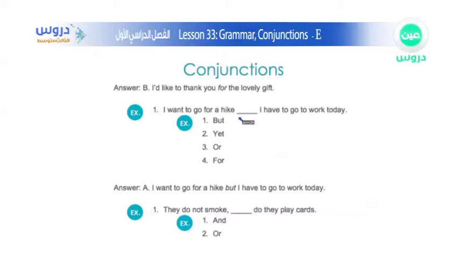He wants to, but he has to go to work today. Does it mean that he is going for a hike? No, he is not, because he has to go to work. He doesn't have time, maybe. Answer A: I want to go for a hike, but I have to go to work today.